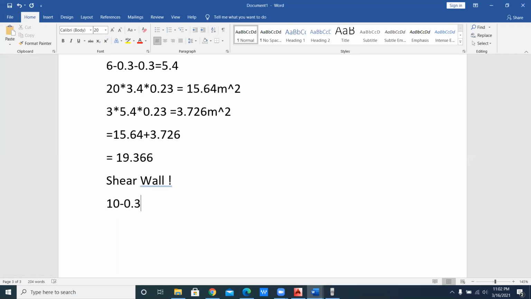So you will get 9.4 meter. Now you can say one shear wall multiplied by 9.4 and multiplied by the thickness of the shear wall, taken as 0.2.